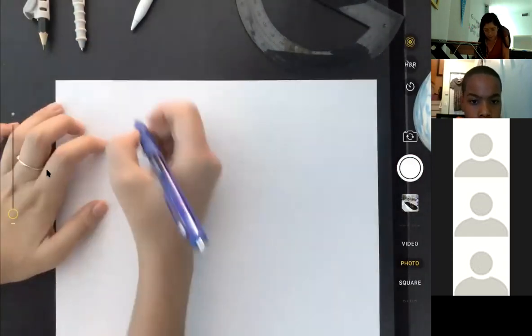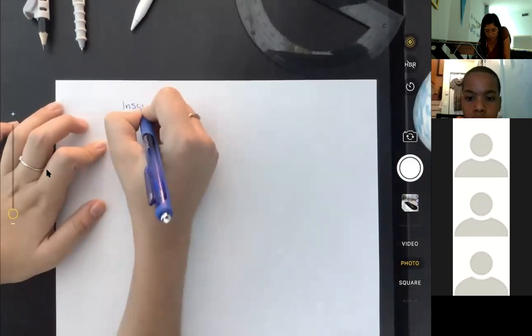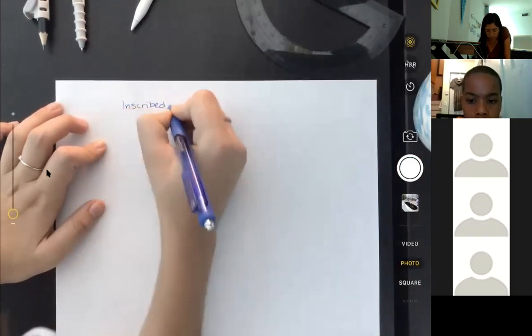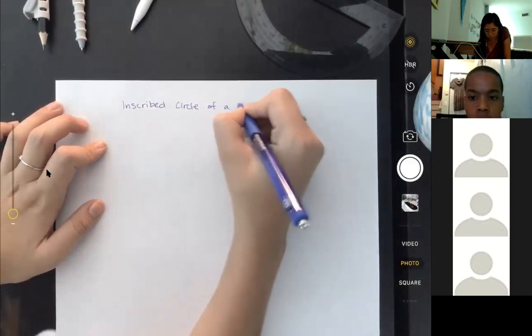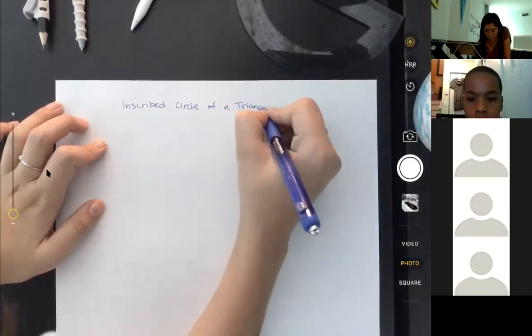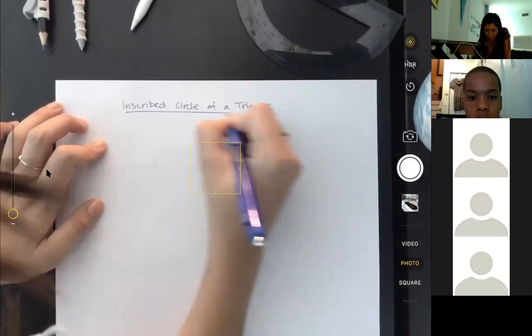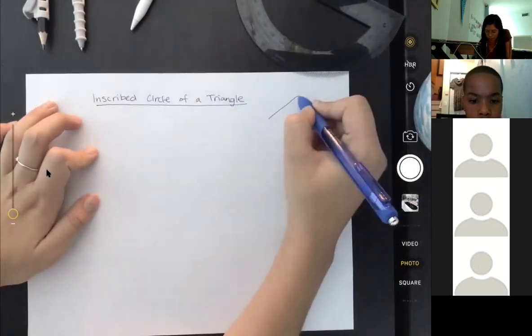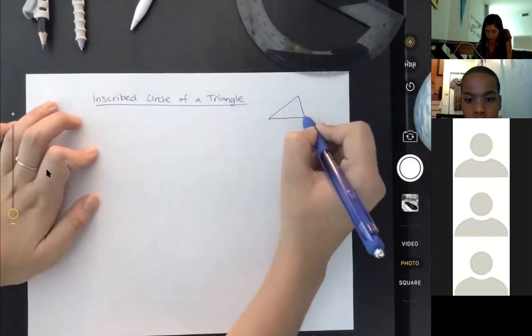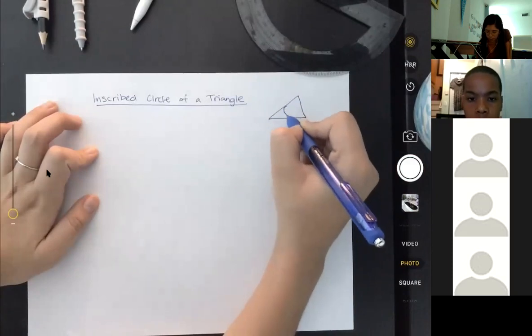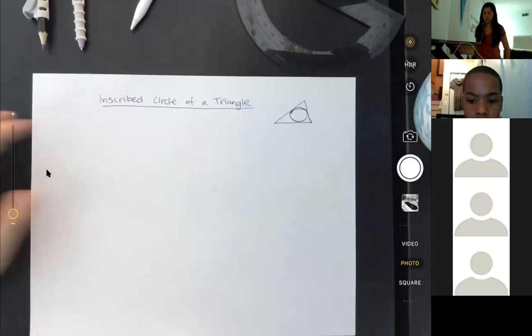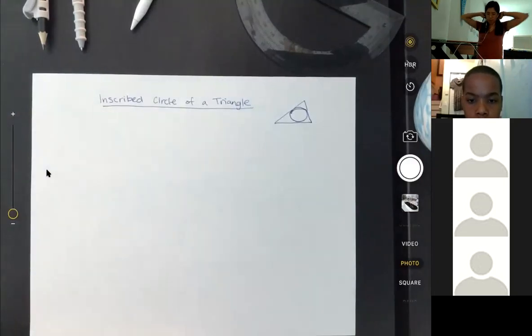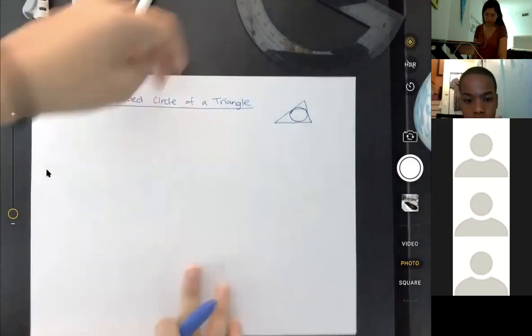All right, so the inscribed circle of a triangle. And again, it's on the inside, so we want our final thing to look something like this. Okay? So step 1, we are going to make a triangle.